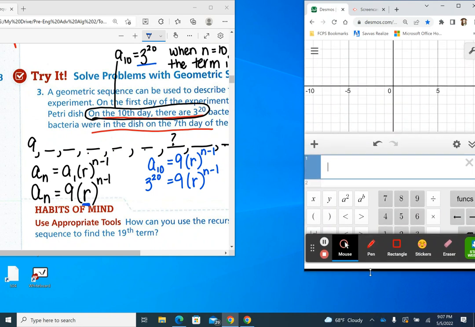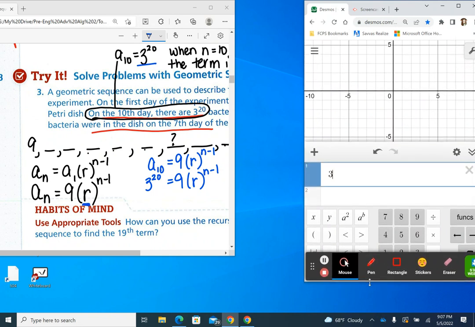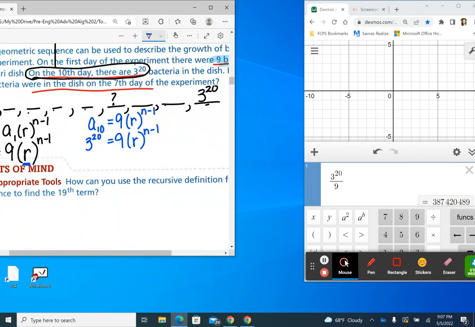So I'm going to take the 3 to the 20th and divide it by 9. So now I know that that number, 387,420,489, equals r to the n minus 1.